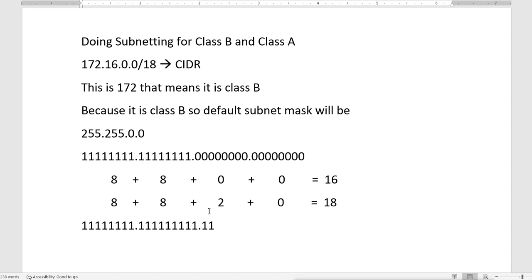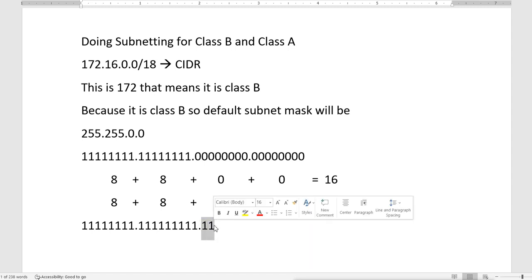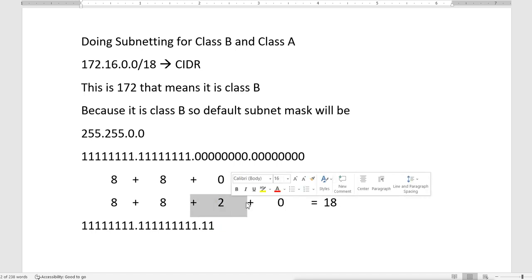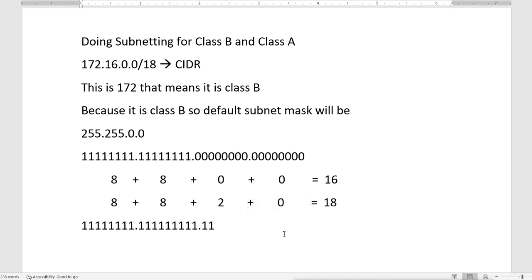Remaining all the bits in this part and the last part remain 0. After enabling 2 bits, the remaining 6 bits from this part remain 0, and then 8 bits in the last part are off.